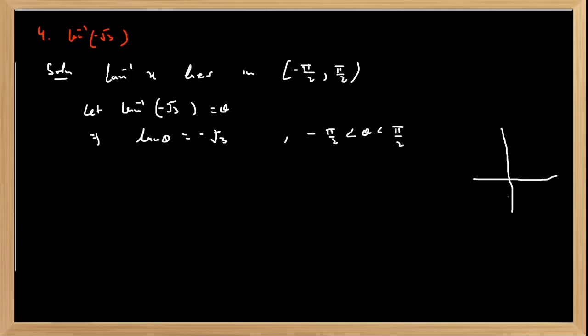So that means theta is in the fourth quadrant. You will exclude these endpoints, pi by 2 also excluded. So minus, ये fourth quadrant में होगा. Root 3 is at pi by 3, so at minus pi by 3 it will be minus root 3. So theta is minus pi by 3, which means tan inverse minus root 3, its principal value, is minus pi by 3.